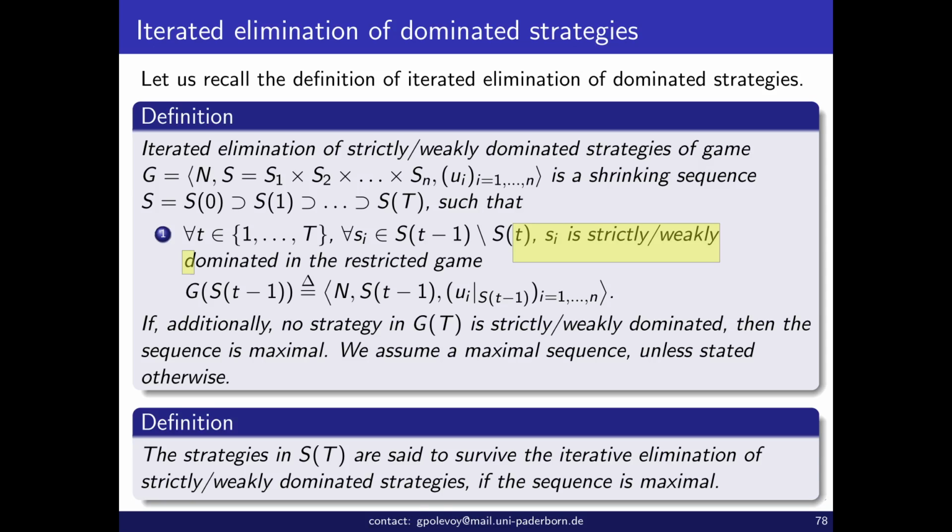So at any stage, we are allowed to delete some, not necessarily all, maybe all, but some strategies which are dominated in this step. In addition, if the last stage in the sequence still has strictly or weakly dominated strategies, then we can continue, so the sequence is not maximal. In this lecture, it's going to be interesting what happens with maximal sequences, so that's what we assume unless we say explicitly otherwise.